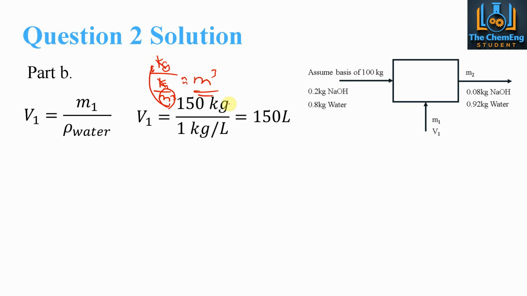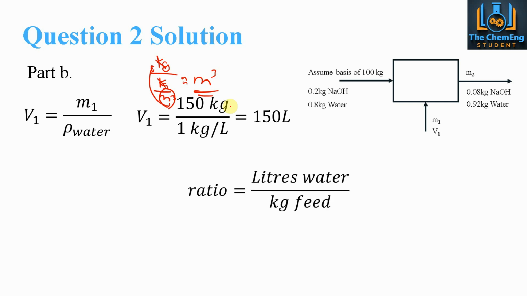So when we do this, we can see that our volume becomes 150 litres. I just used meters cubed, but again you can use litres, it just depends. So here we're working in litres, so it will be 150 kilograms divided by 1 kilogram per litre, i.e. we have 150 litres of water coming into the system.